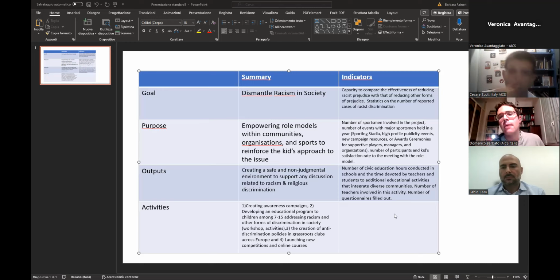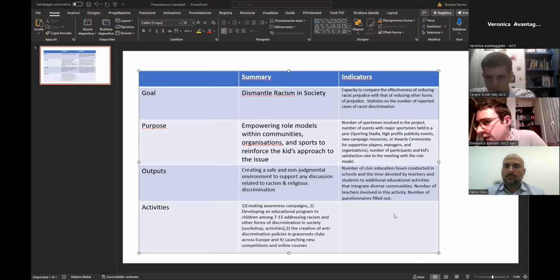And talking about the indicators to measure this purpose, of course, the number of events with sportsmen, high profile publicity events, award ceremonies, managers, number of participants, but all these things I checked on the internet. I found them on the site of Show Racism the Red Card.